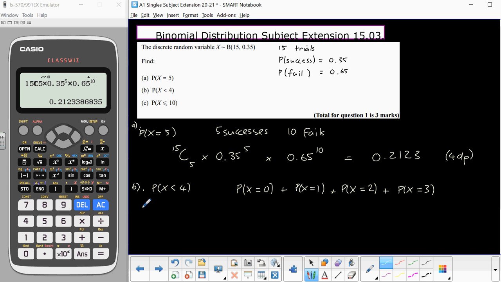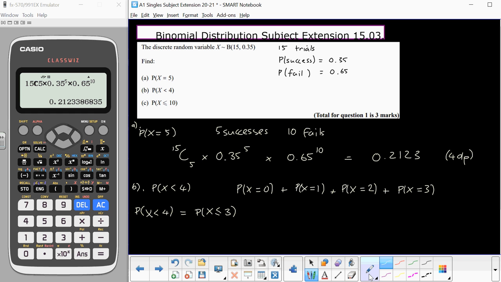So instead, what we do is we use a function on our calculator called the binomial cumulative distribution. And that works this out for us, but only when we have this written in the right way. So we have to say that the probability that x is less than 4 is the same as the probability that x is less than or equal to 3, because our calculator only works with probability x is less than or equal to something.